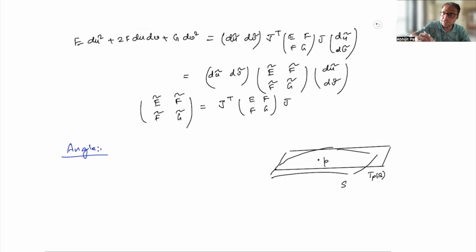In this tangent plane, we have two tangent vectors, and corresponding to these two tangent vectors, we'll get curves in the surface.